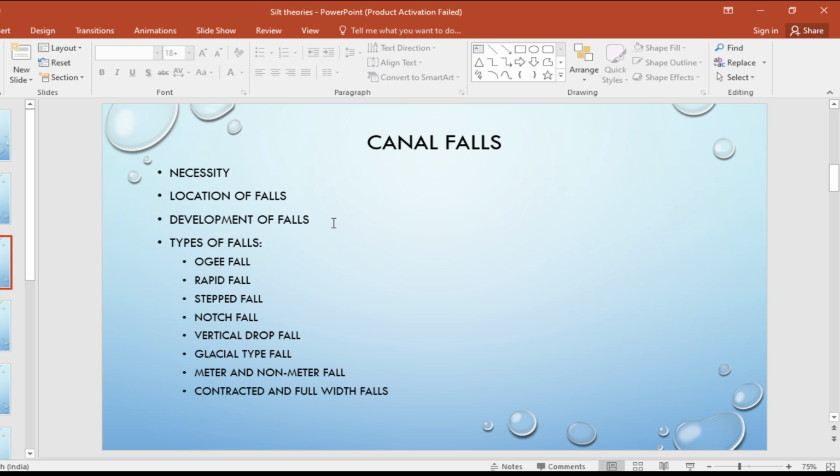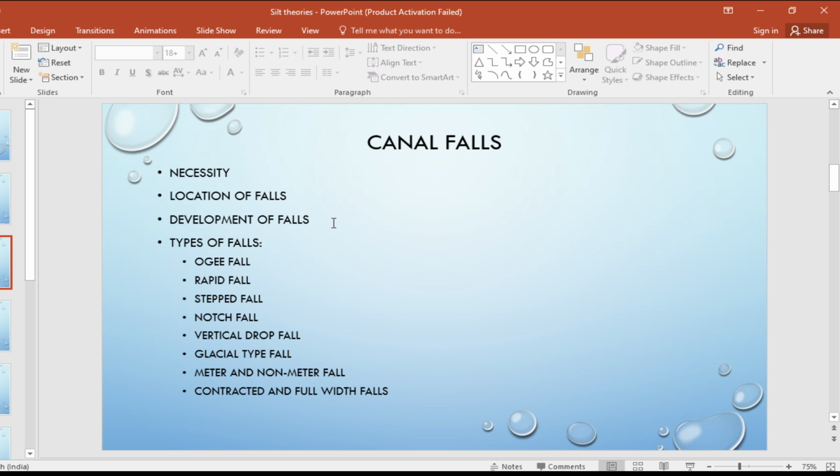Okay. Energy dissipation means we have to dissipate that energy, we have to destroy that energy, otherwise it will scour the downstream of any hydraulic structure. So this is regarding the development of falls.